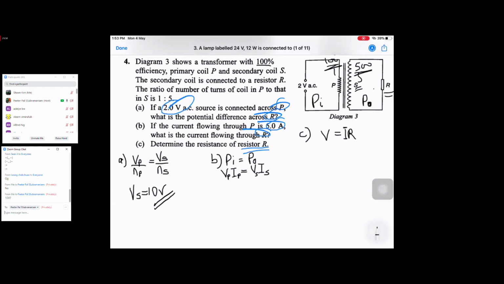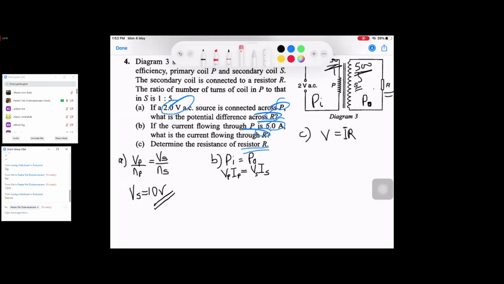Welcome. Who doesn't know this? Check Chuan, do you know or not? This one, 10 volts.